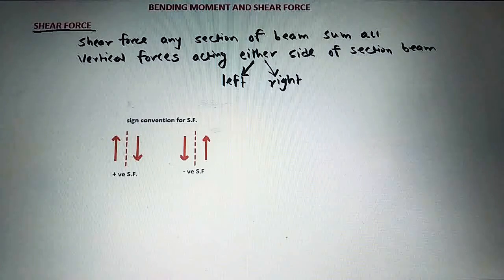When the vertical force which is acting on the left side of a section is in upward direction, and on the right side of a section the vertical force is acting in downward direction, then the shear force will be considered as positive.